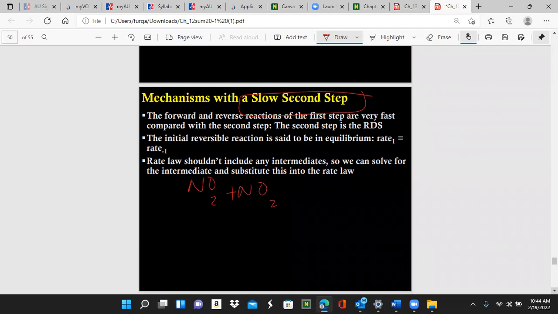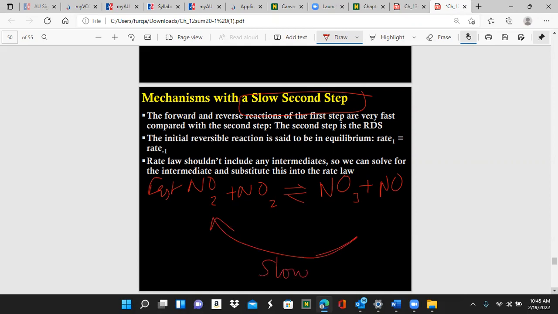So NO2, NO2, and now we are talking about a reversible reaction. You're looking at things differently, but this is the fast one, right? If you look at the fast one versus the slowest one, it is the other way around. So this is the slow one at this time, and this is the fast.